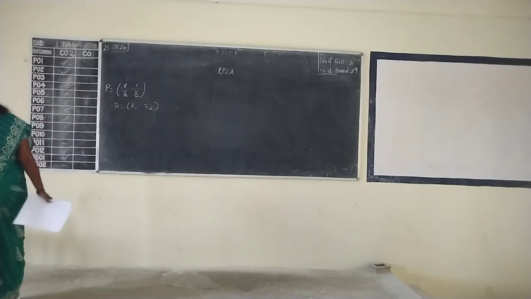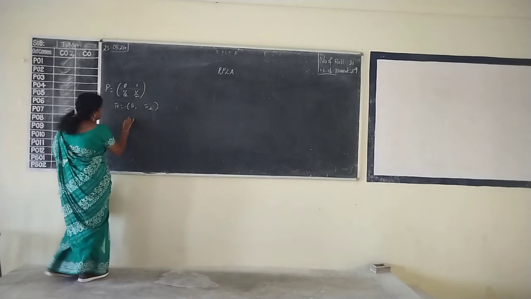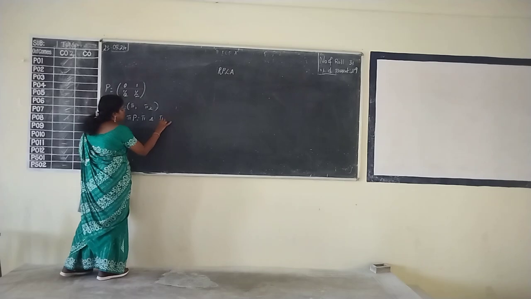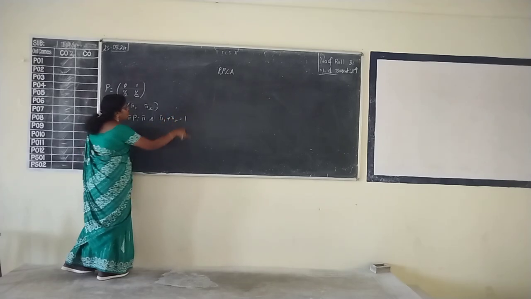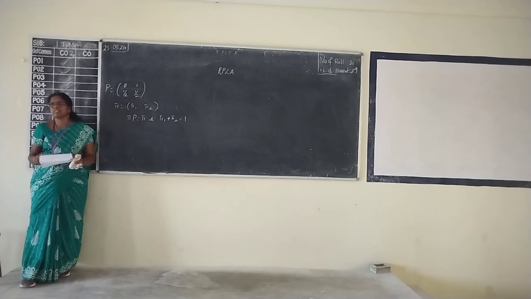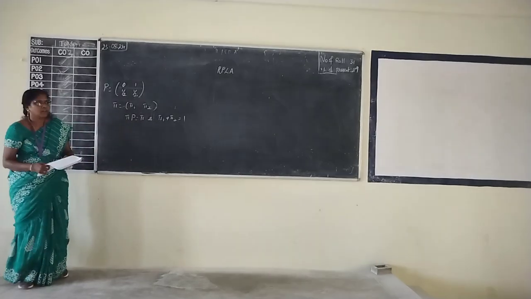Next line, by property, pi P equal to pi and pi 1 plus pi 2 is equal to 1.